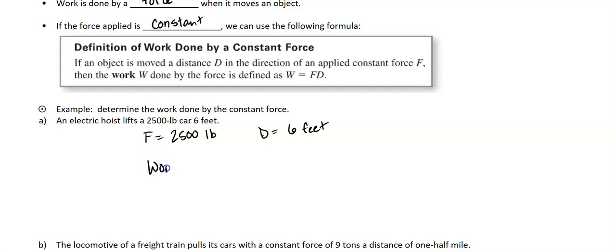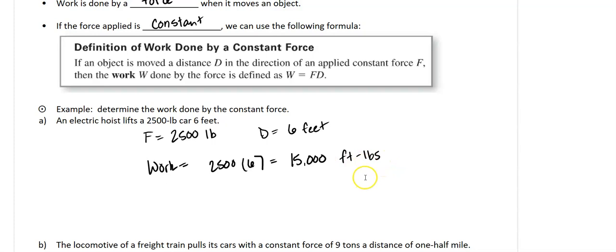So the amount of work done would be 2,500 times 6, which is 15,000. For units, we just put a cross between the two units. We call those foot-pounds. You do not need to change these over to joules or whatever you've done in a physics class. We just leave it like that.